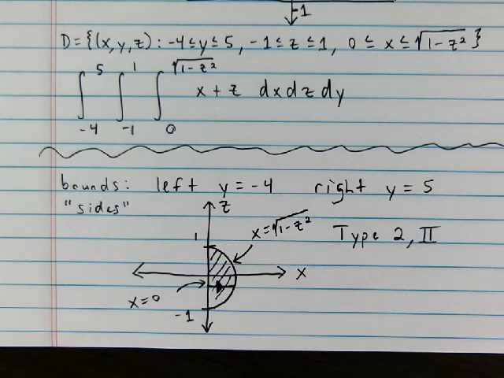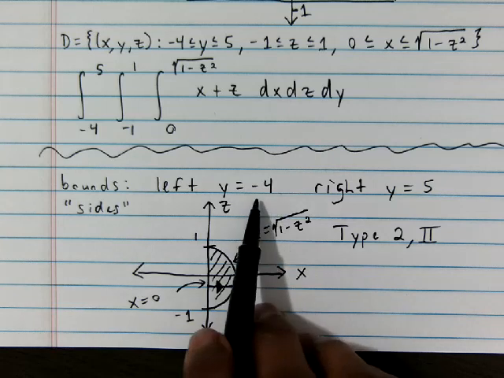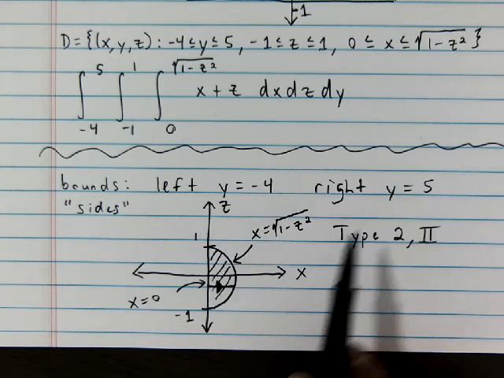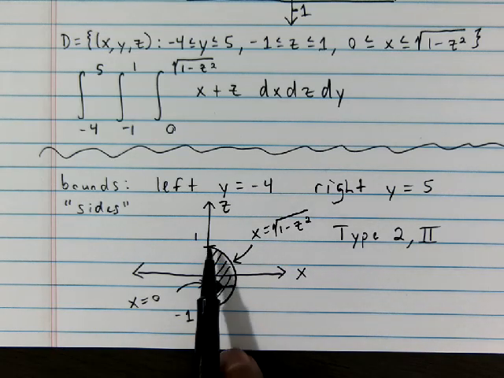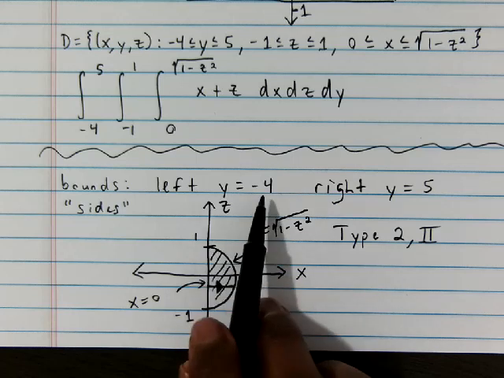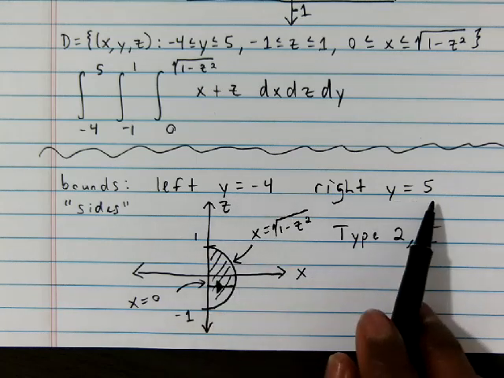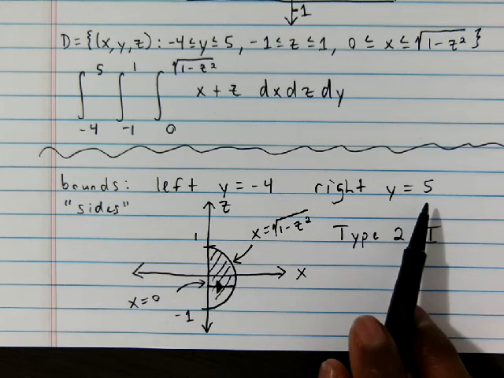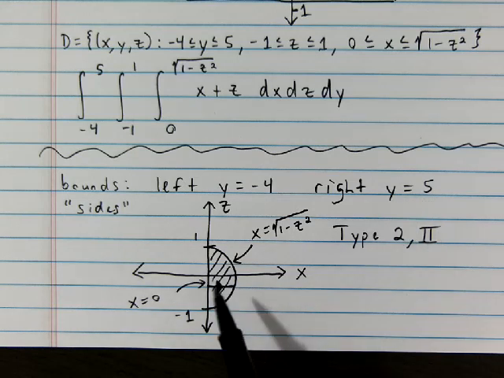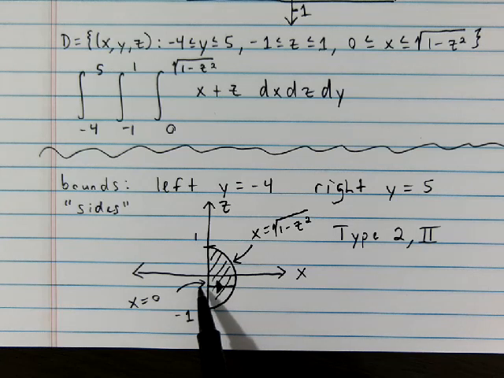And now we have our left and our right. We have our constant to constant. And our left and our right is really our function of 2 variables to function of 2 variables. It's okay if a function of 2 variables just happens to be a constant. Our function of 1 variable to function of 1 variable is x to x, and our constant to constant is z to z.